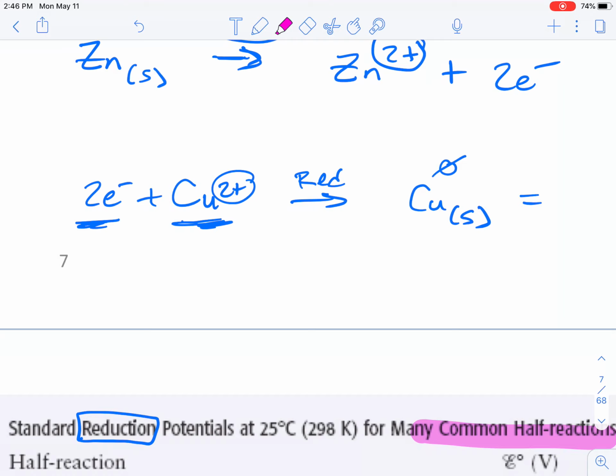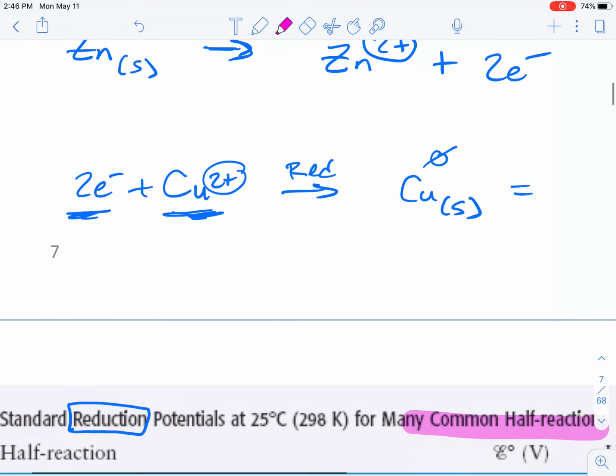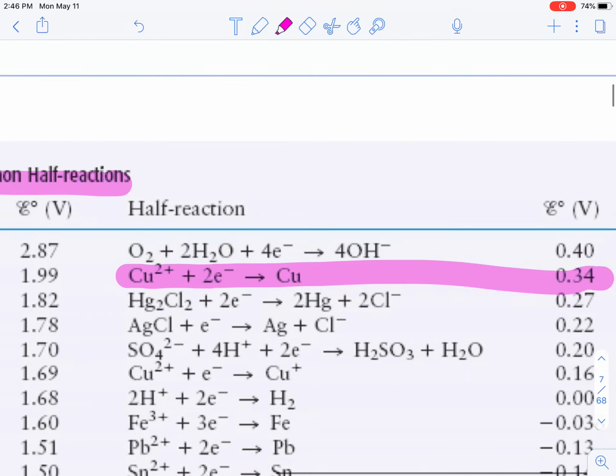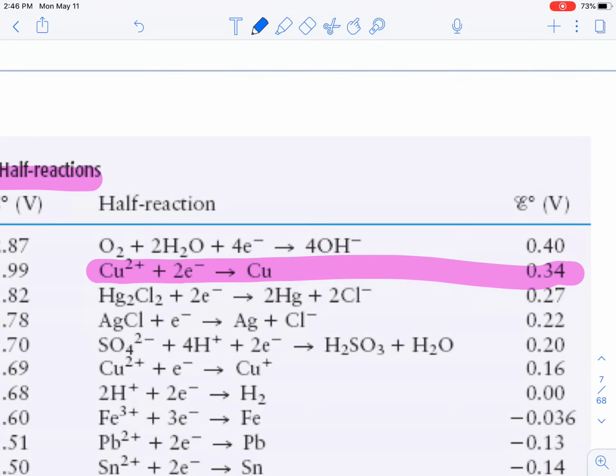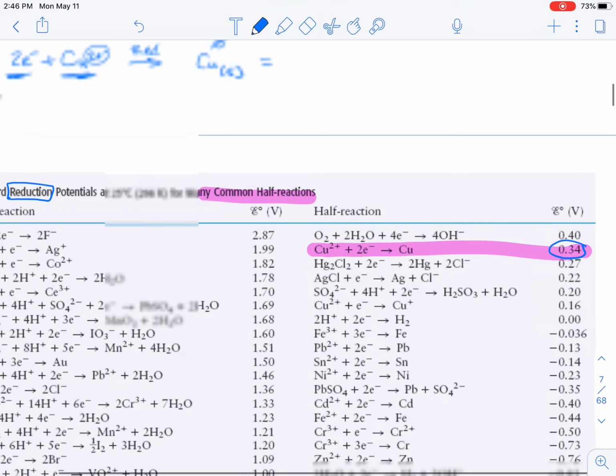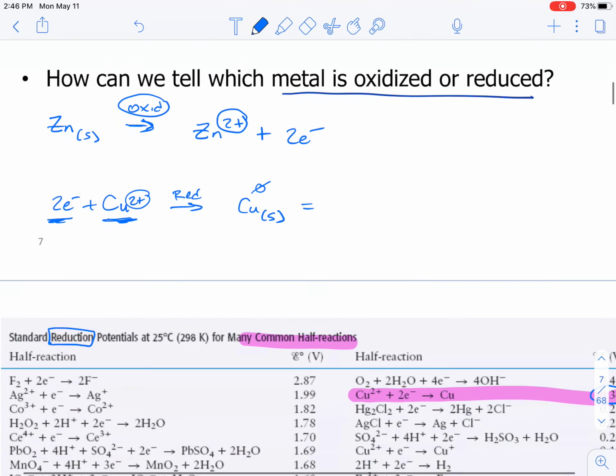The only thing is that the electron and the copper 2 ions are just switched on the reactant side, but it's still going to represent the same thing. It turns out that the reduction potential is 0.34. So I'm going to write that the reduction potential is 0.34 volts.